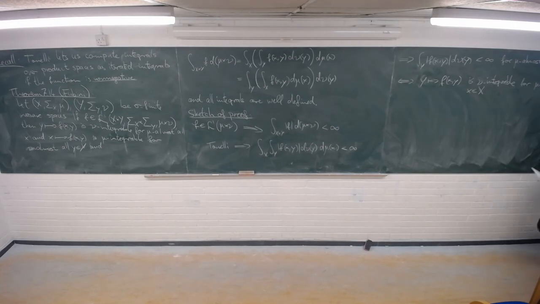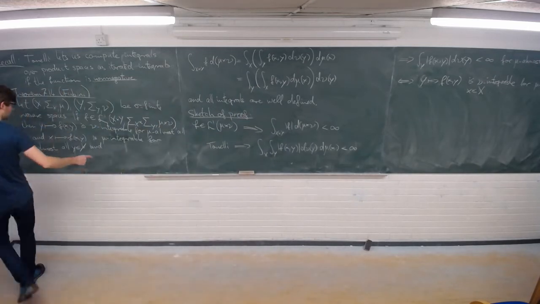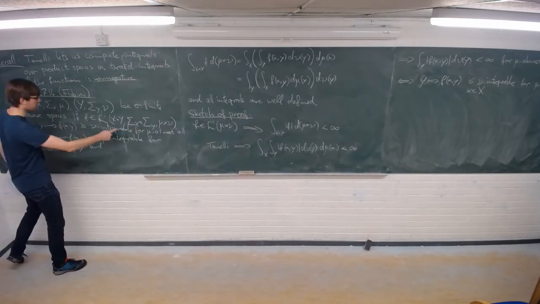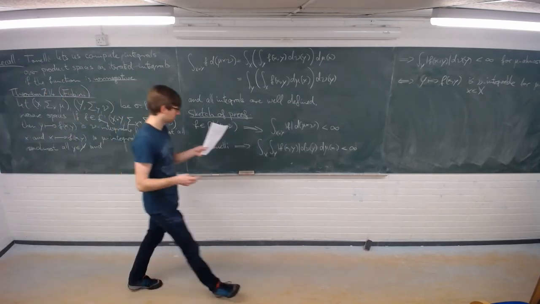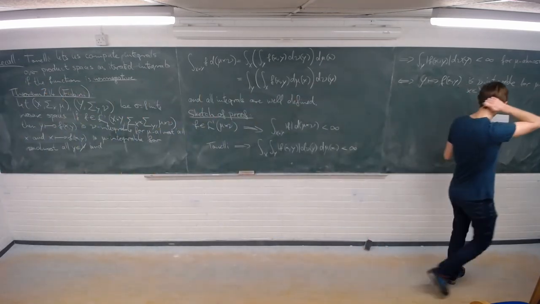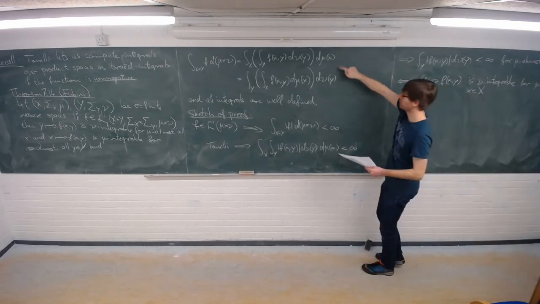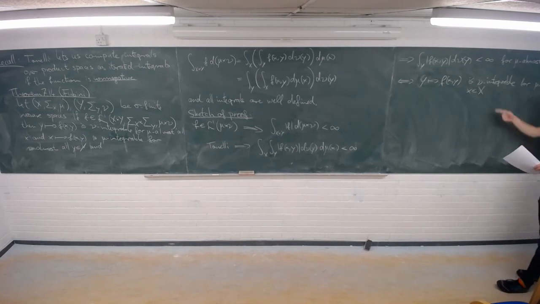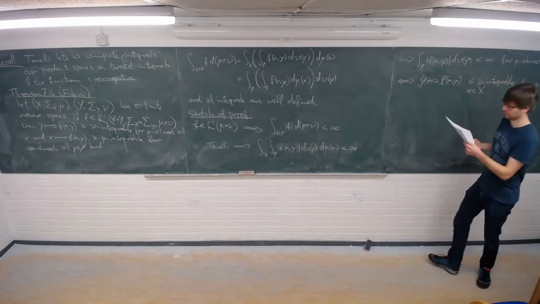So this is the first statement of Fubini, this integrability. And now to get this formula, we can just apply Tonelli to the positive part and the negative part of f, because these are non-negative functions.